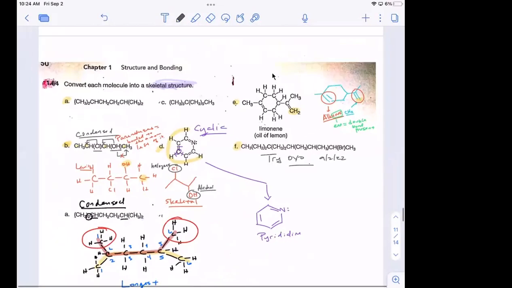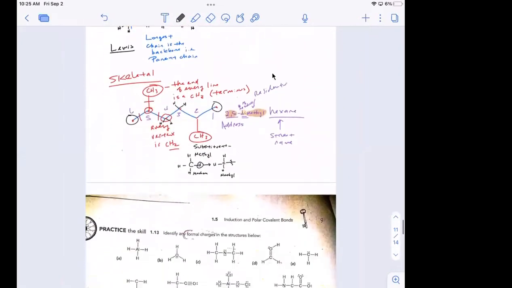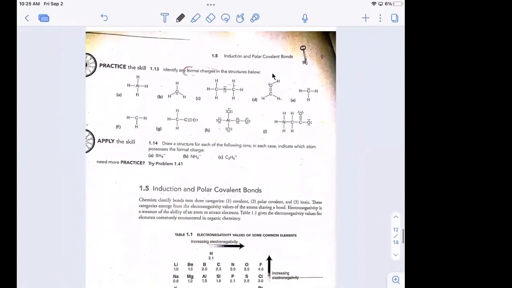All right. So when we think about skeletal line forms, if we start out with the condensed or the line, we should be able to interconvert between the line and the condensed and the skeletal.